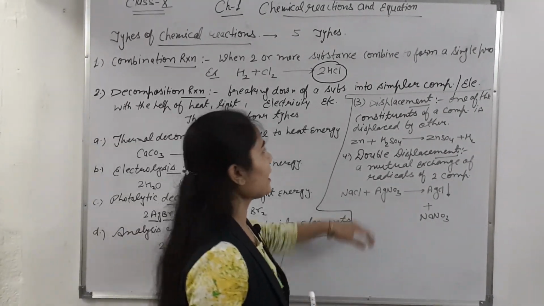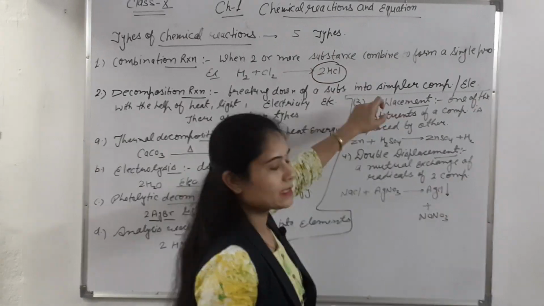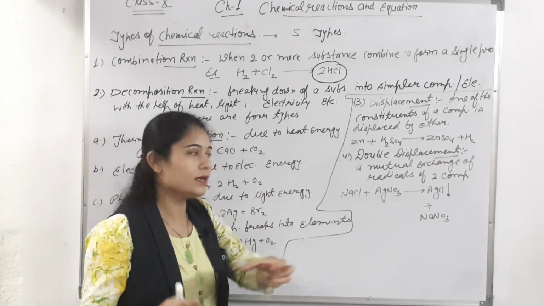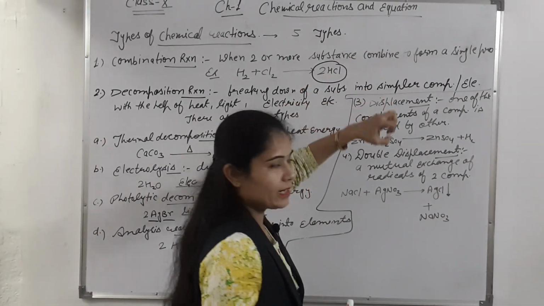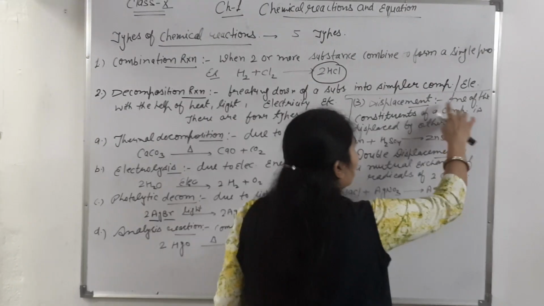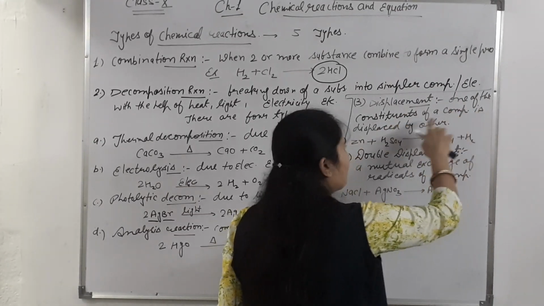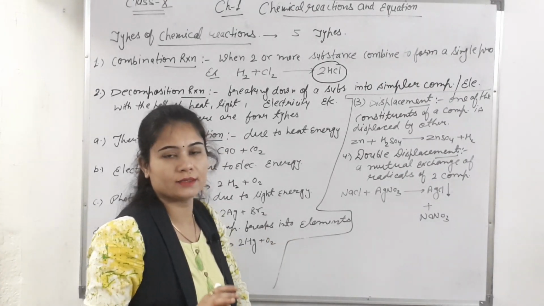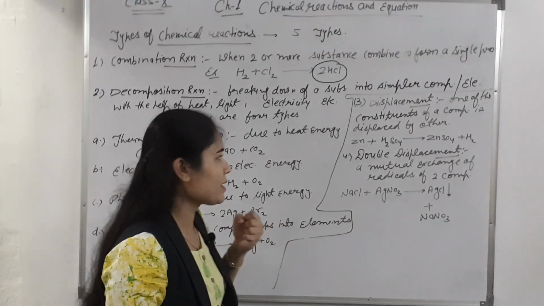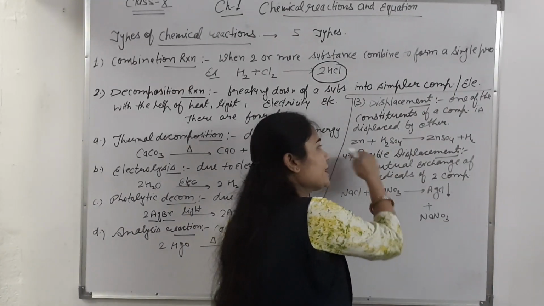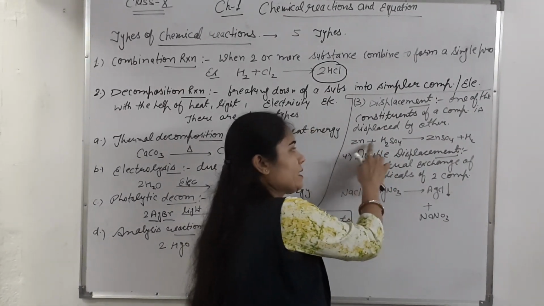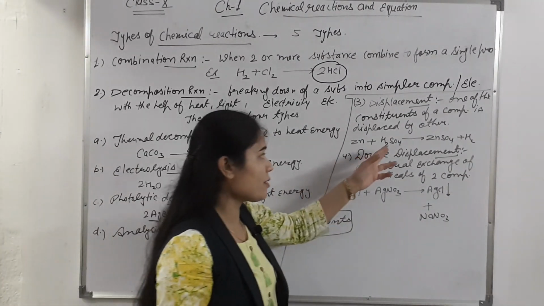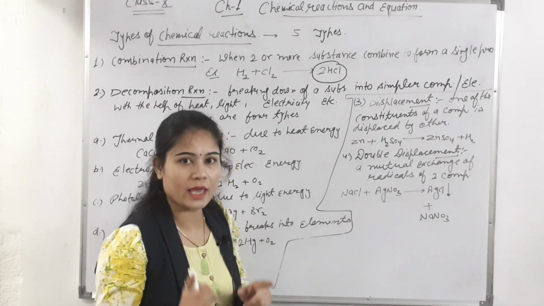Now the third type of chemical reaction, that is displacement reaction. Displace means one of the constituents of a compound is displaced by another, that means disturbed by the other in a compound. Just like the example we have already studied, zinc plus H2SO4. This is sulfuric acid.